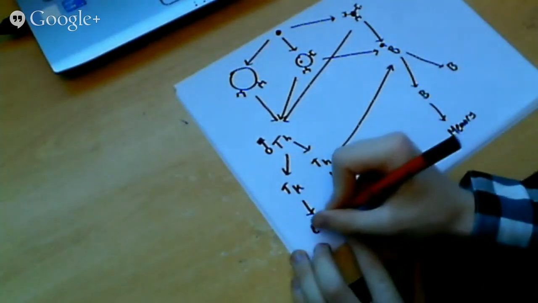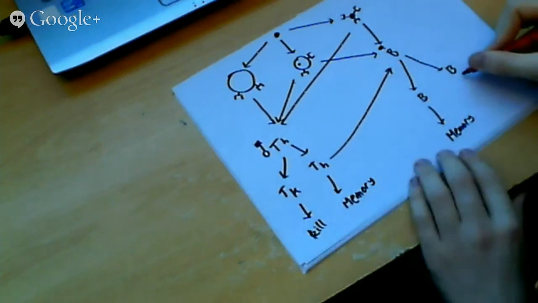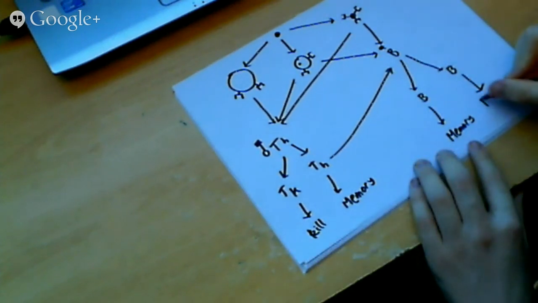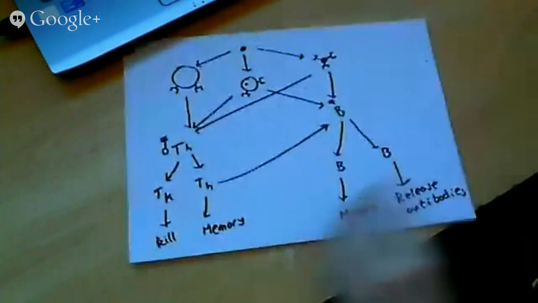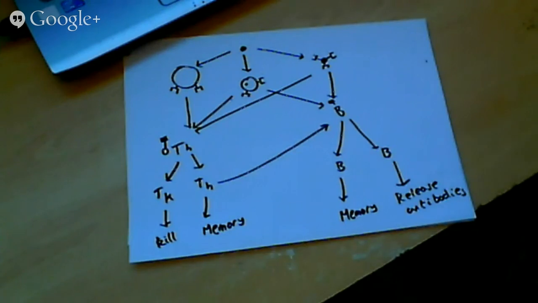The T killers will kill, and then lots of B cells will release antibodies, which will then attach to the cells and cause them to be killed.